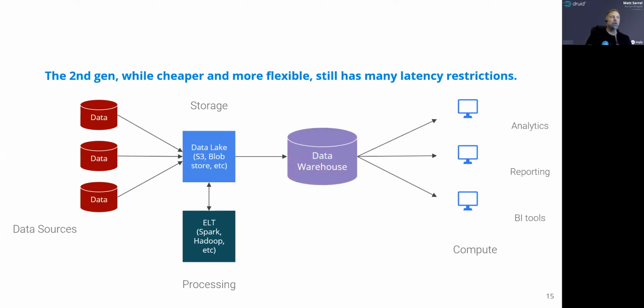Okay, so then what did we do? We moved forward a bit to where we took all the data and just threw it all in one place, and we called that a data lake. Then we would process that before putting it into the data warehouse to make it available to the applications. That removes some of the time constraints that were put on the whole process by ETL.